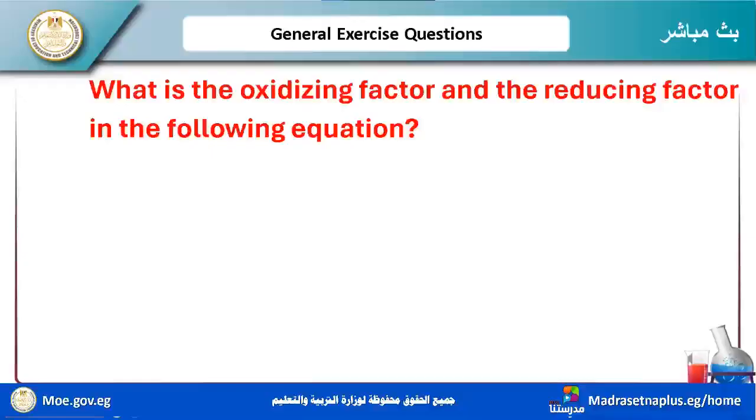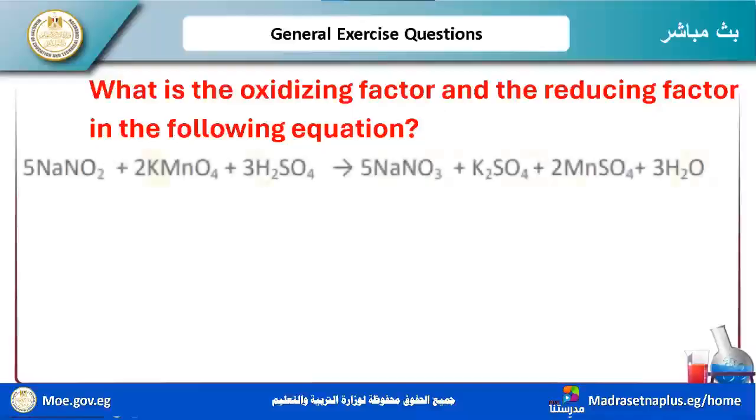Okay, what is the oxidizing agent and reducing agent in the following equation? To know that, you must know very important things: the calculation of the oxidation number of any atom in its compounds, and you subtract between the product oxidation number and the reactant oxidation number for the same atoms.